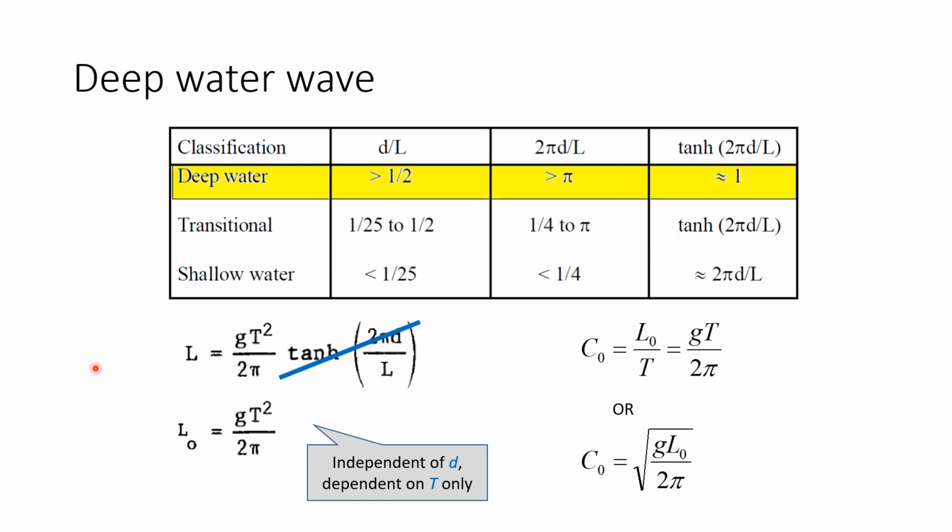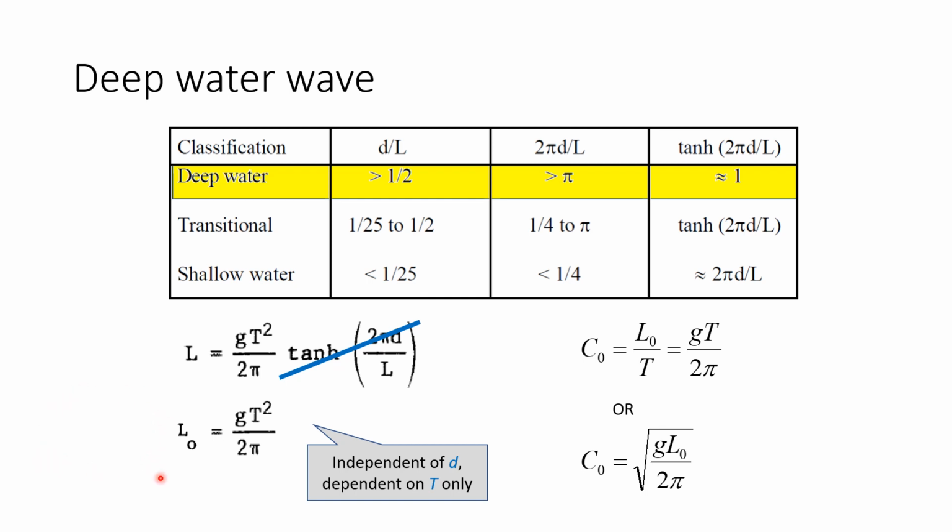So let's look at this expression again. This is the general expression. For deep water, when tanh of 2 pi DOL is approximately equal to 1, then this expression is equal to 1, so it is not important anymore. So the wavelength at deep water, denoted as L0, is now equal to gT squared over 2 pi only.